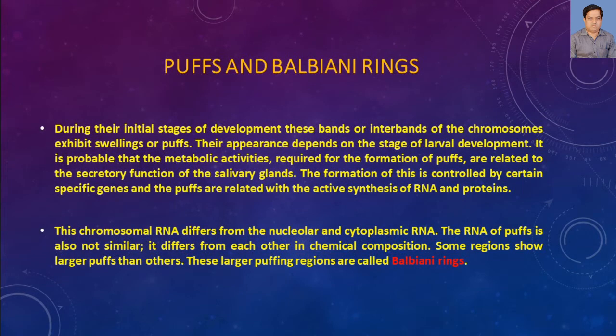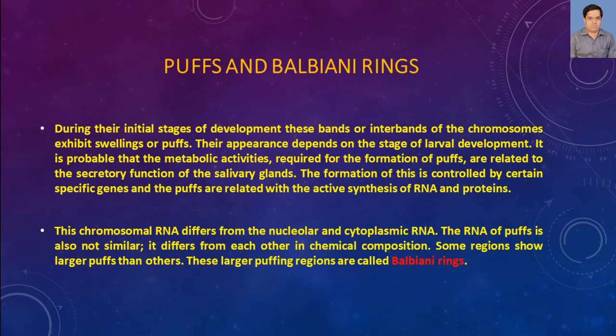Now, as I have already told you about the puffs, there are certain other structures formed in the polytene chromosomes, and these structures are known as Balbiani rings. Here we will understand what a Balbiani ring is. As I told you, the puffs are formed during the initial stages of development. These bands or interbands of the chromosome exhibit swelling or puffs.